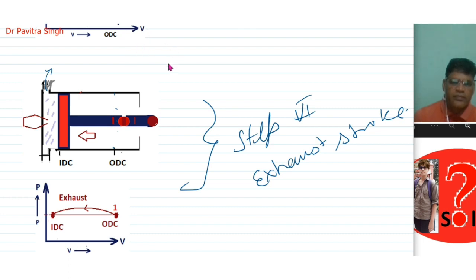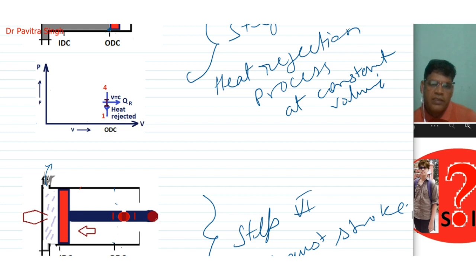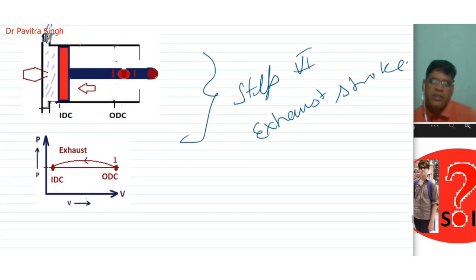You can see here. Okay, you can see here in this figure, this one. Now this piston will move ODC to IDC, and exhaust valve is already open. So the burnt gases from this cylinder will be thrown out into the surroundings via this outlet valve.